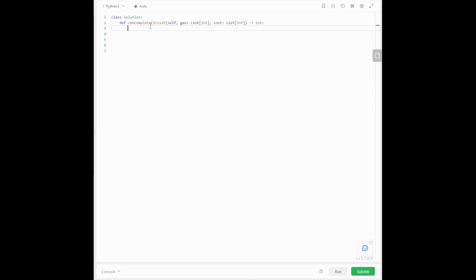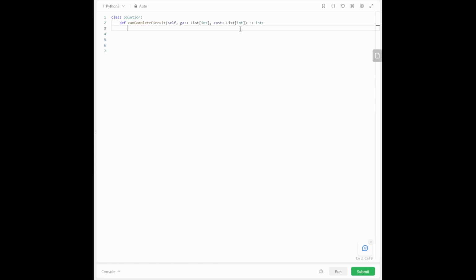So what we want to do, our function is called canCompleteCircuit, and we get the gas and we get the cost. So first things first, we want to make our net array.